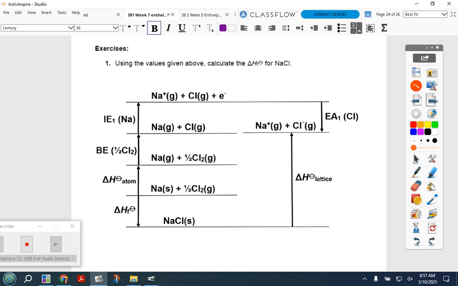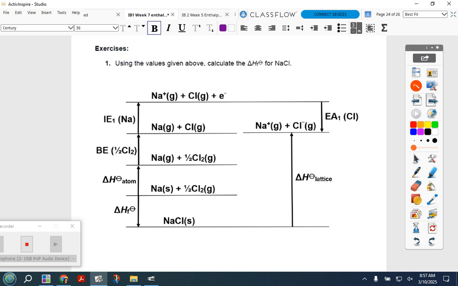The enthalpy of formation here is the same as it is for other substances. You learned how to write enthalpy of formation equations: it's the elements in their standard state, enough of them to make up 1 mole of the substance that you're making. In this case, our sodium is just solid sodium.